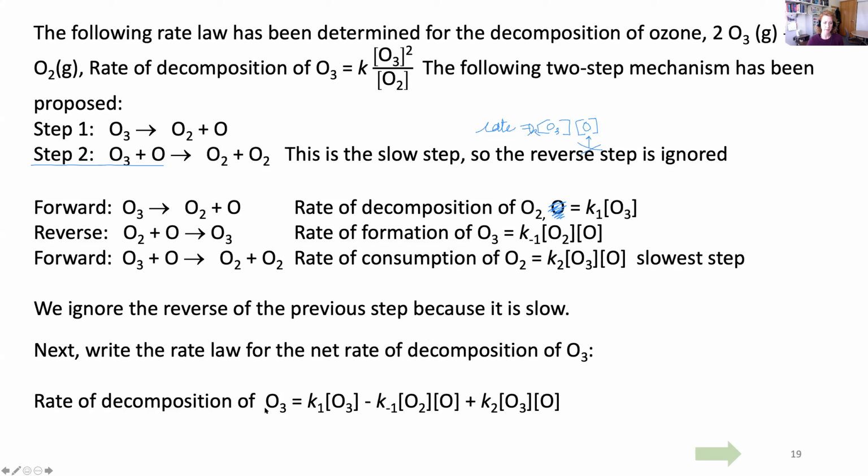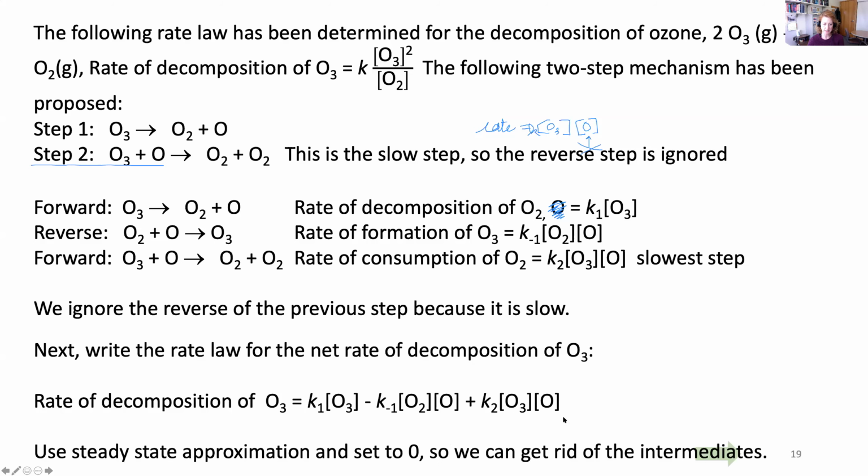To line up with my experimental rate law, it is basically the rate constant of the forward reaction, so that's consuming my ozone, minus the reverse, which produces my ozone, plus my second step, so k2[O3][O], right? And so now I'm going to take this as my steady state approximation.